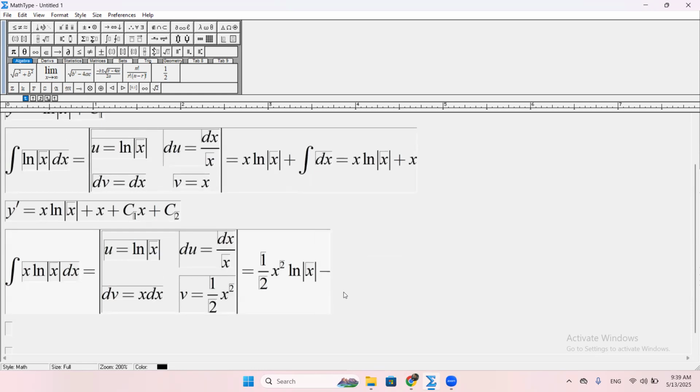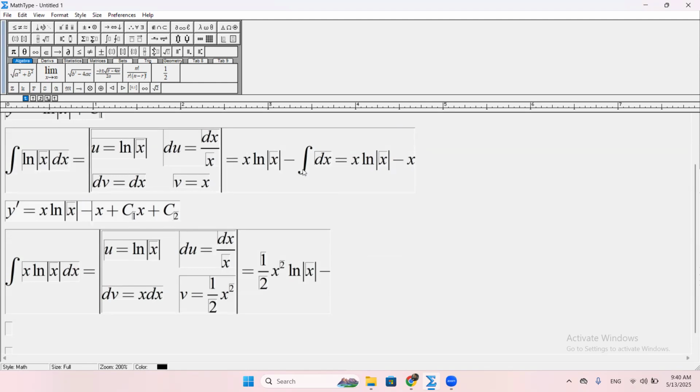minus integral, stop, minus here, by the way. Okay, fixing this mistake.